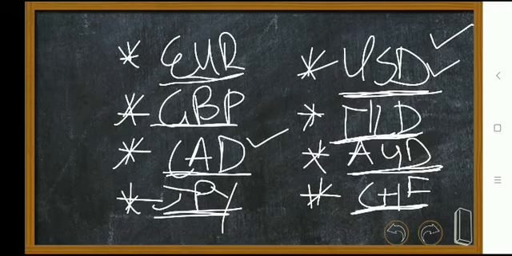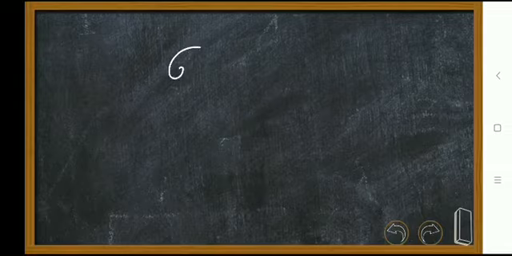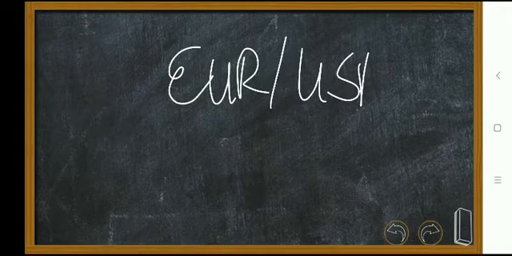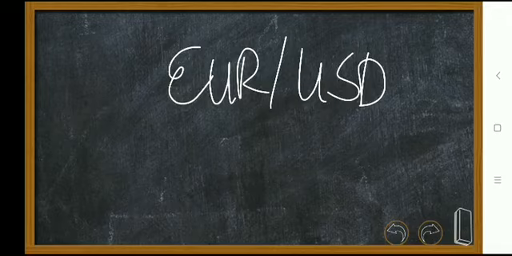So it can be Euro. Let me take USD and CAD, USD and Euro. We gave the first example, which was Euro USD, whereby USD in this case is a code.